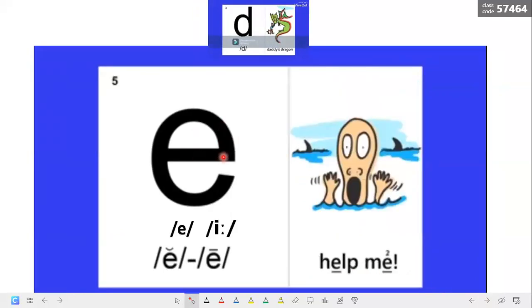Number 5, we have the letter E, which has two different ways of pronunciation. It could be short eh or long E. The short eh, like the word help, and the long E, like the word me: help me.